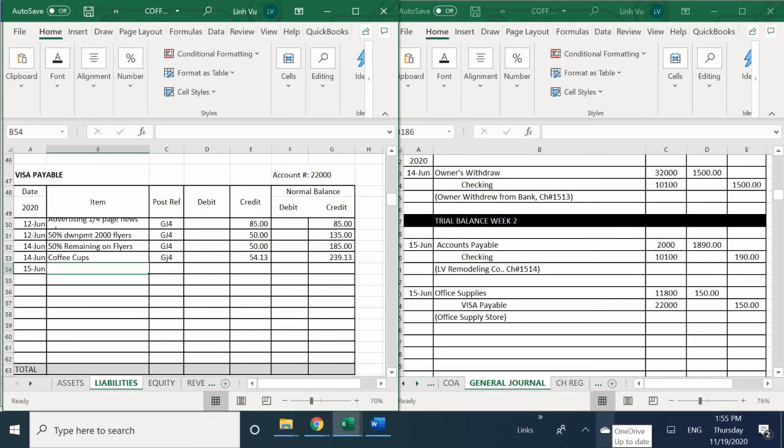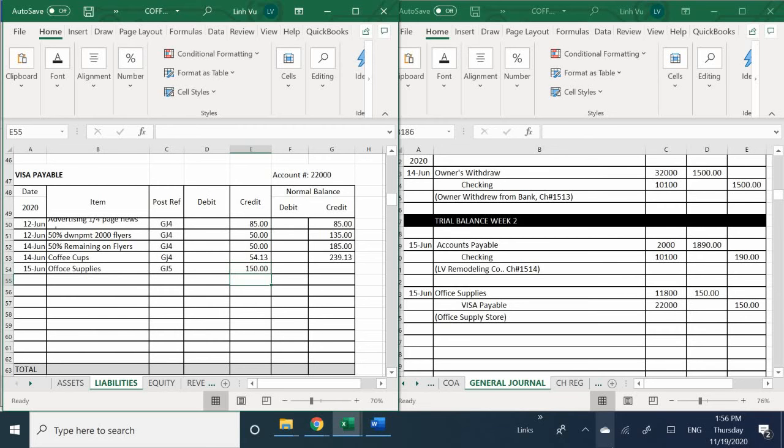Then for our item, it's going to be office supplies. And then General Journal 5. And then under the credit, it will be 150, and 150 under credit on normal balance.